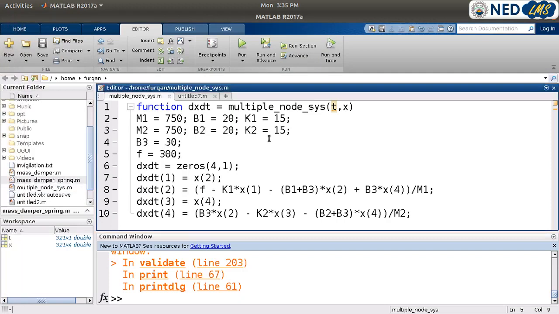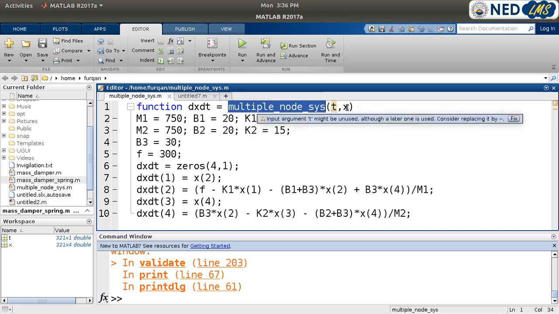So here is the function I have defined, as it is necessary in ODE45 to write equations in the form of a function, as discussed in the previous lab session. I have named the function multiple node system. You can use any name of your choice. Input is t and x and output is dx dt.